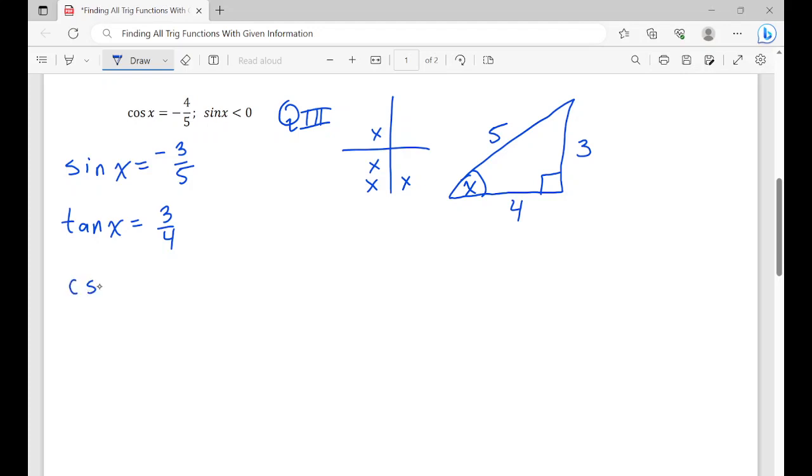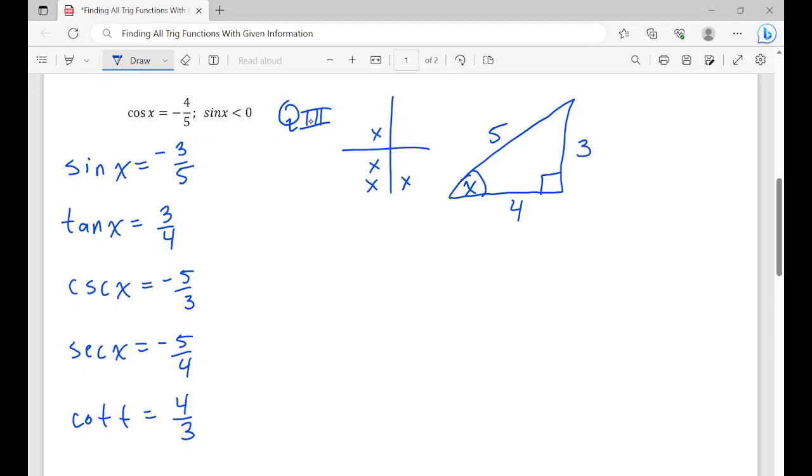So cosecant x is just going to be sine reciprocated, so negative 5/3. Secant x is just cosine reciprocated, so negative 5/4. And then cotangent is just tangent reciprocated, so 4/3. And it's positive because we're in quadrant 3.